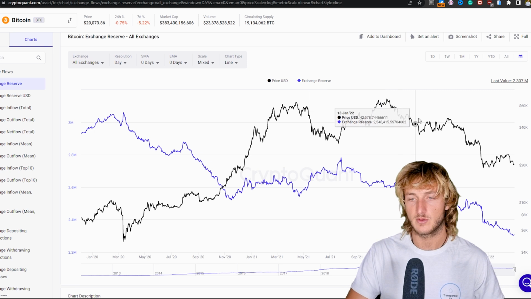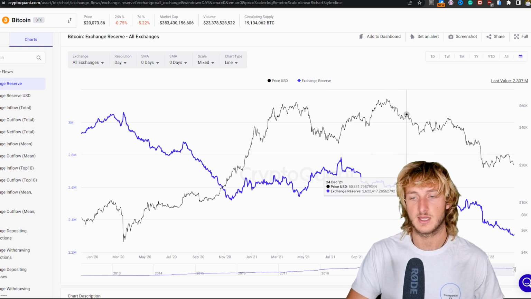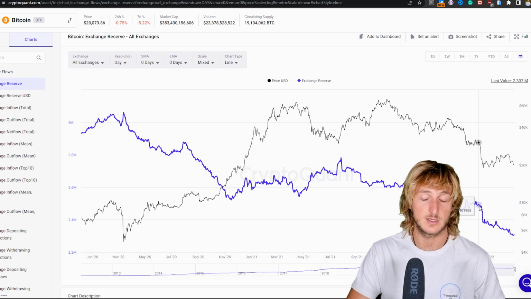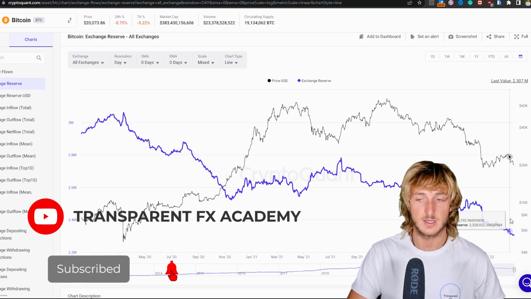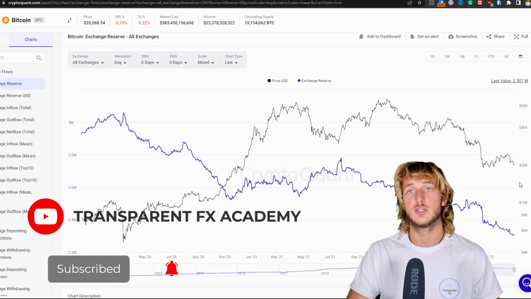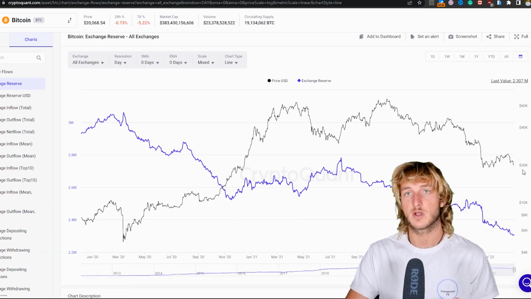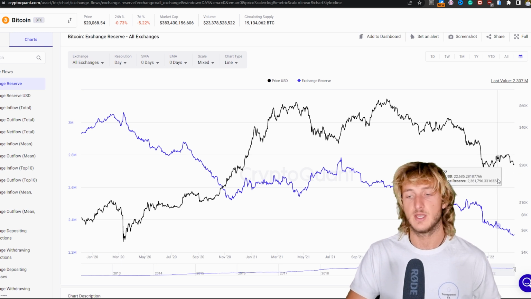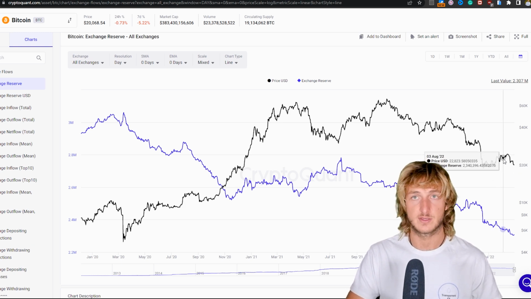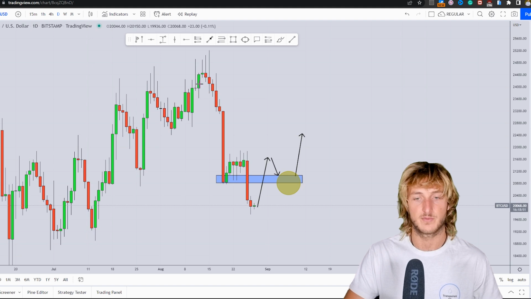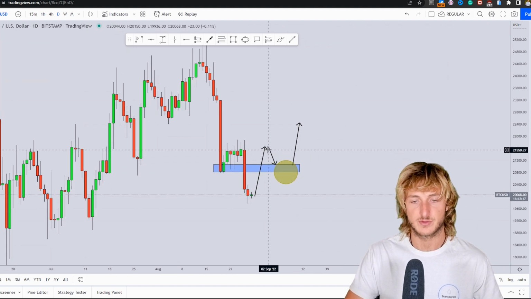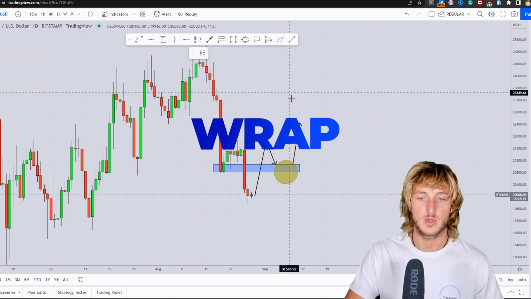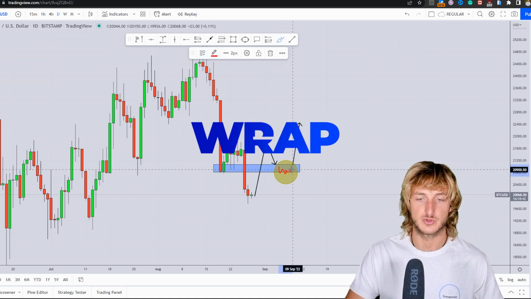We can notice how even though the price has been declining, the amount of Bitcoins in the exchange reserves has been declining as well, creating massive illiquidity that, if demand will increase, should make the price create a move to the upside to accommodate for that new demand, meaning that overall the fundamentals are very, very strong in the long term. So if we actually get the break back above this resistance and a retest, that is how we could be approaching this potential rejection to the upside.